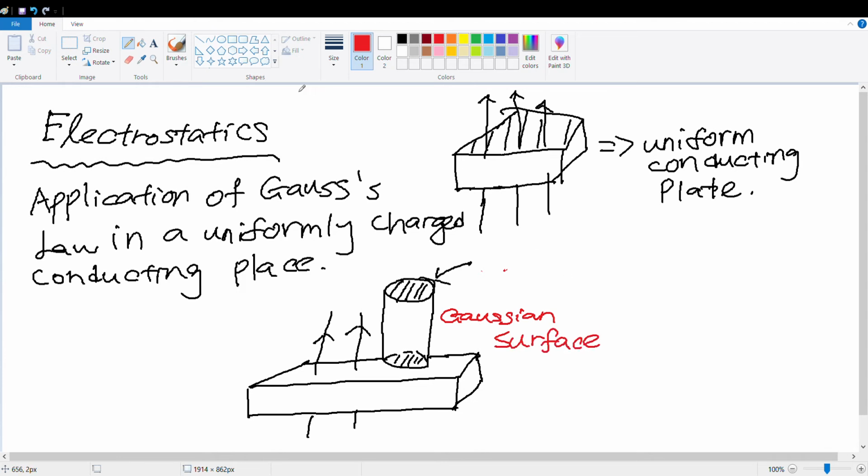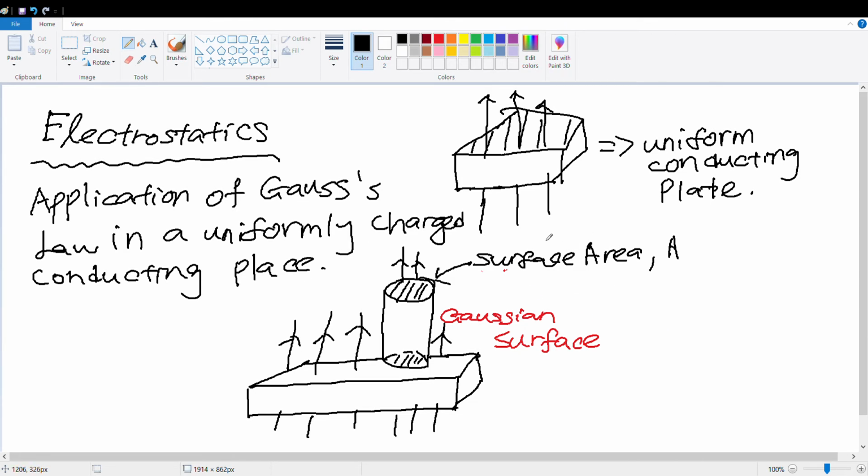As for the bottom, the surface area which lies at the bottom of the cylinder is denoted as A. Of course, the electric field will also pass through here and here and here. So this is the electric field.